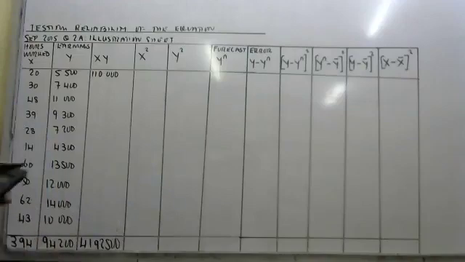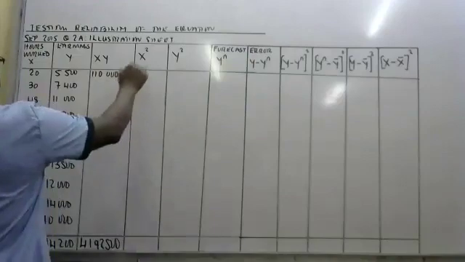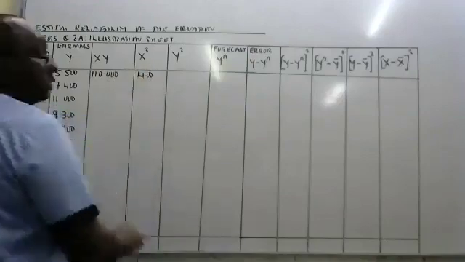Let us go to x squared. So x squared in 20 squared, you get 400. Then you don't have to write everything.